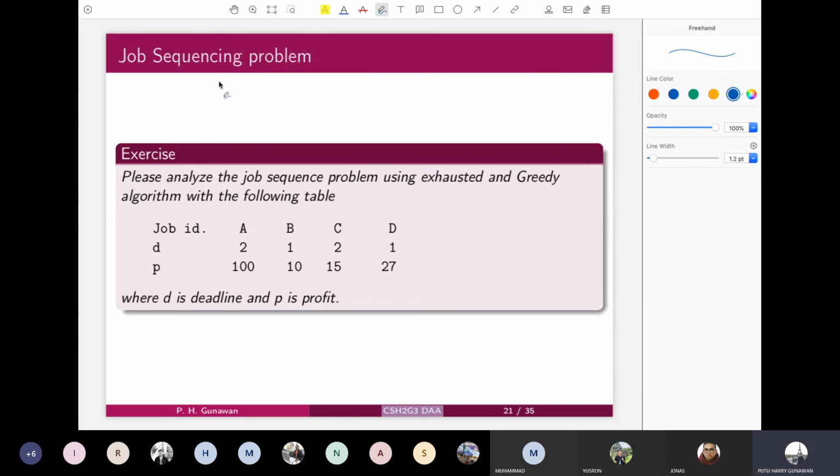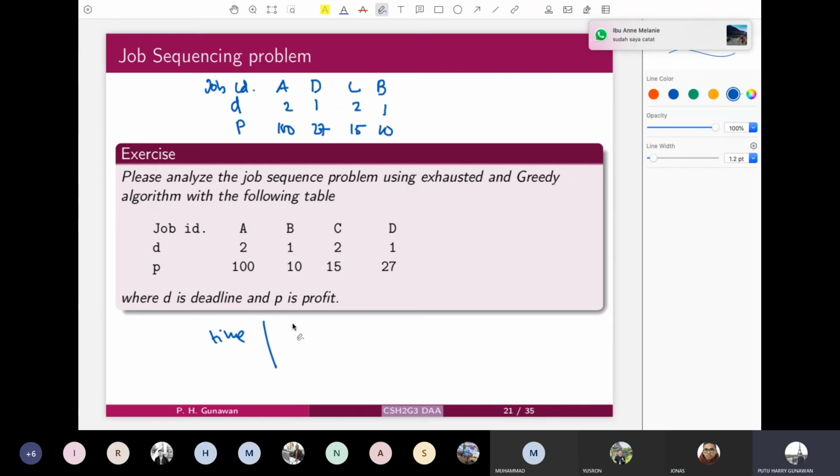The job IDs are A, D, C, B. The deadlines are 2, 1, 2, 1, and the profits are 100, 27, 15, and 10. Then you need to find the time.